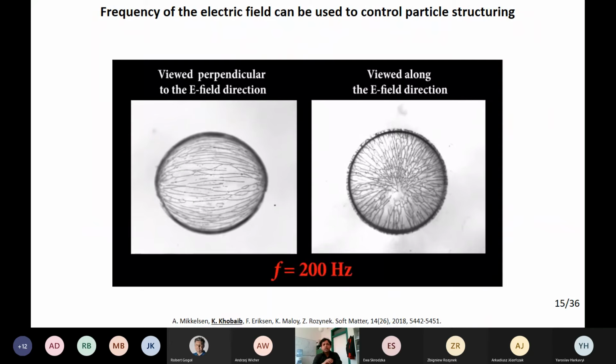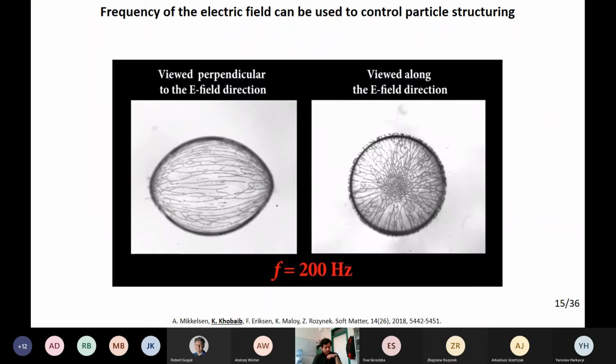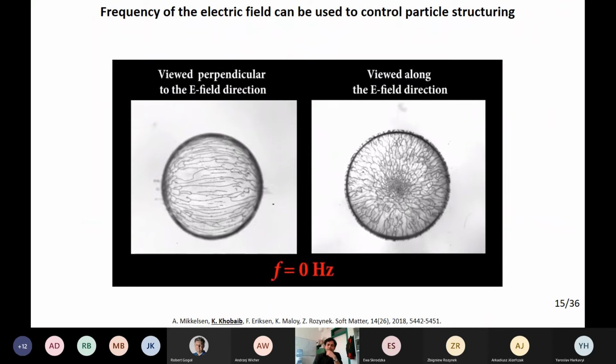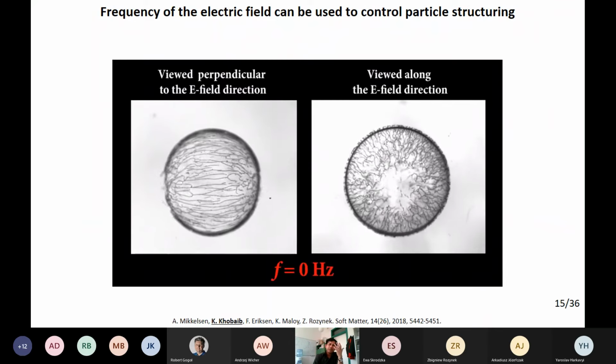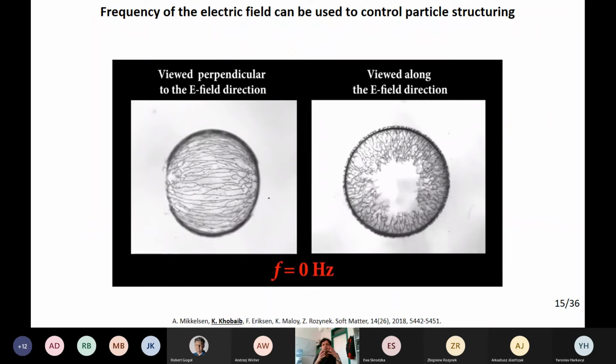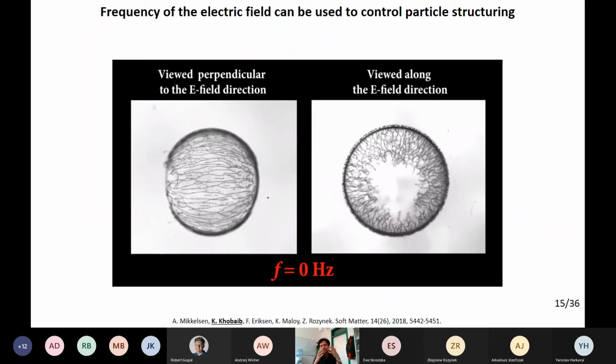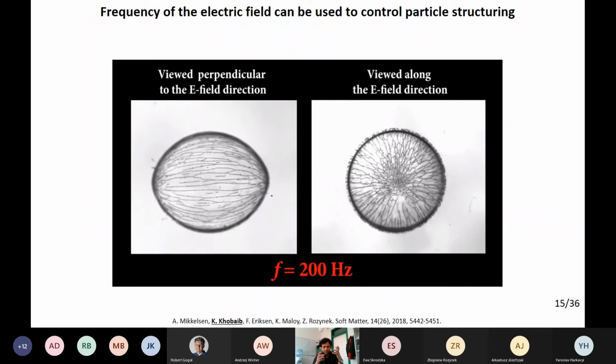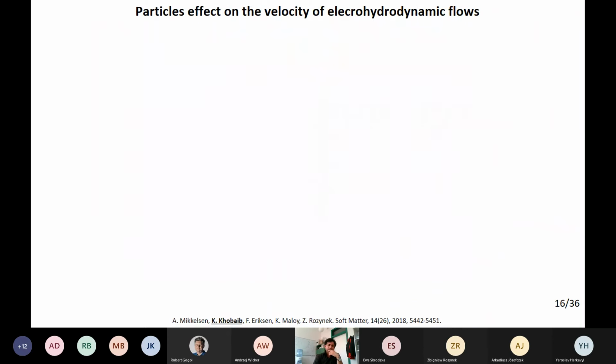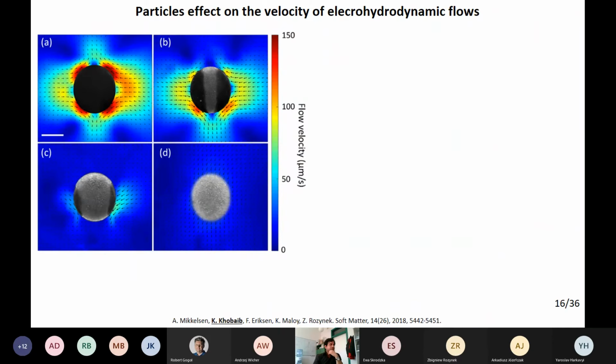Now I want to move to the next slide, where, as I said in my previous slides, I will show you the electrohydrodynamic flow, which is affected by the particle coverage. Here we use different particle coverages, starting with a pure silicone oil droplet.